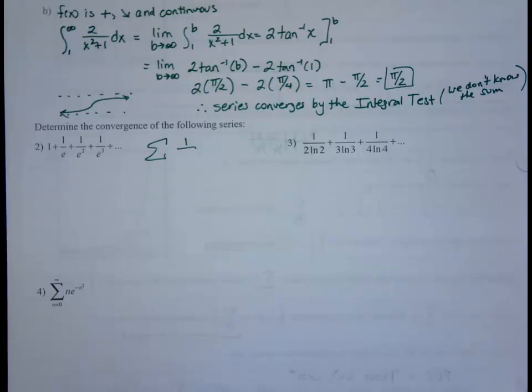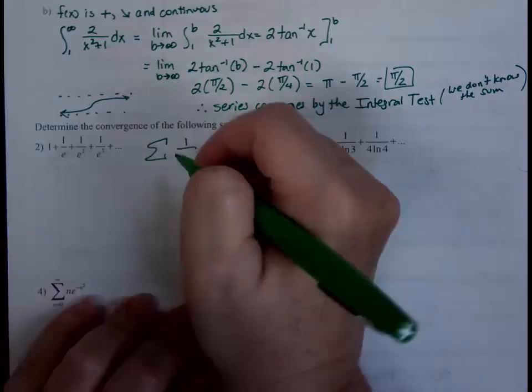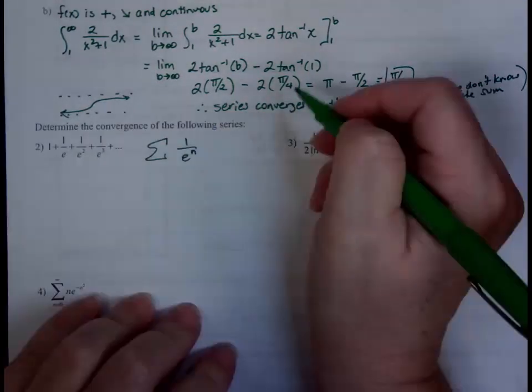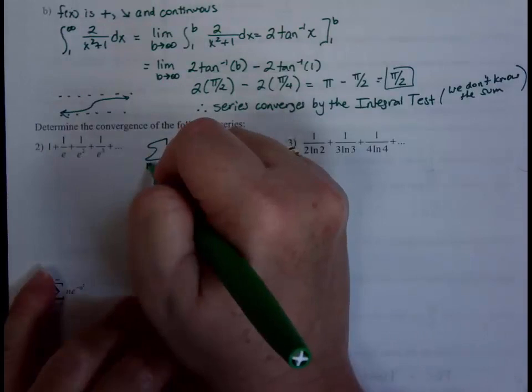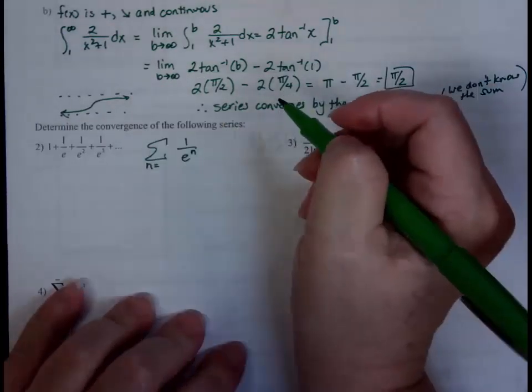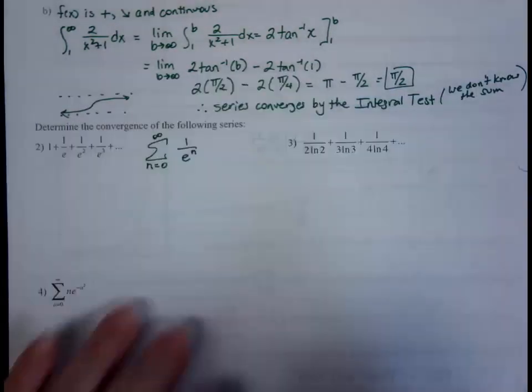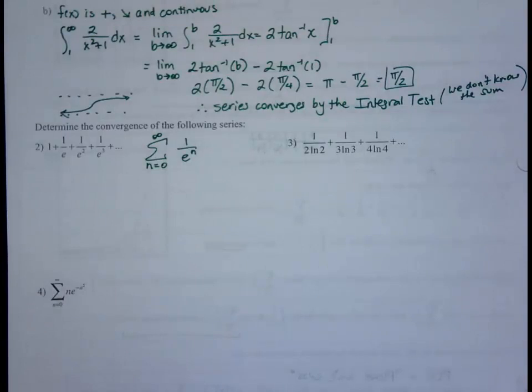But is the first term a power of e really? It is. Yes. What is it? Not e raised to the 1. It's e to the 0, isn't it? You follow me? So what I can do is I can put e to the n and start my n's where? I have to start at 0 and go to infinity. Okay? So that's how I figured it out.